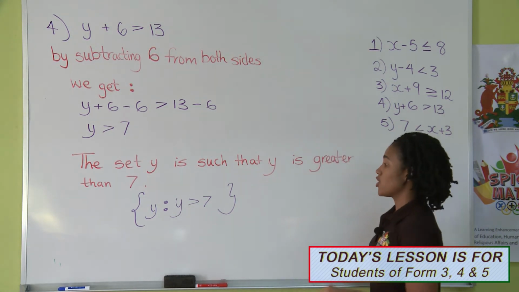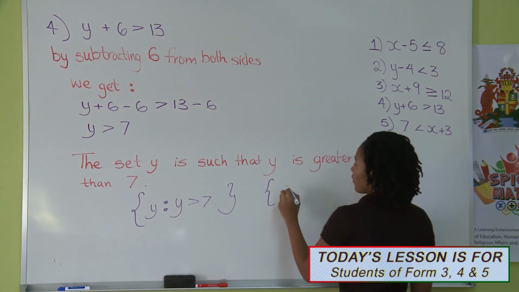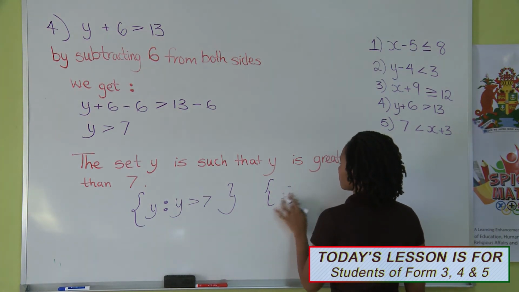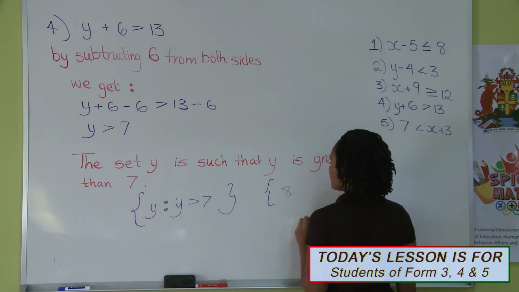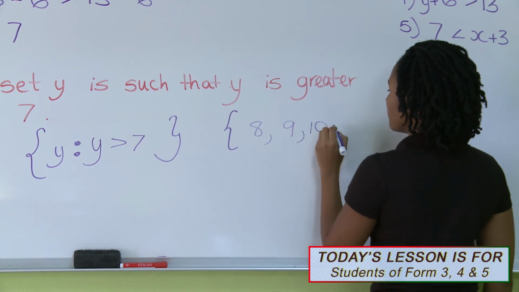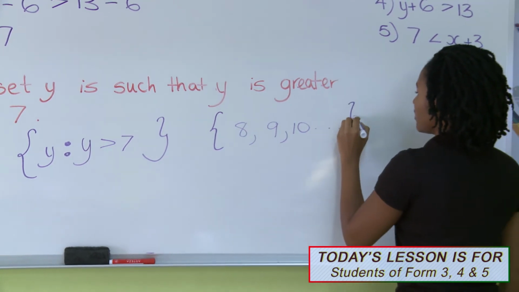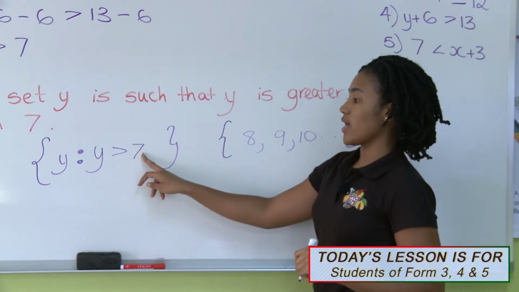Assuming that y is an integer, y can be any one of the following values. y can be 8, 9, 10, and it continues on to infinity because y is greater than 7.